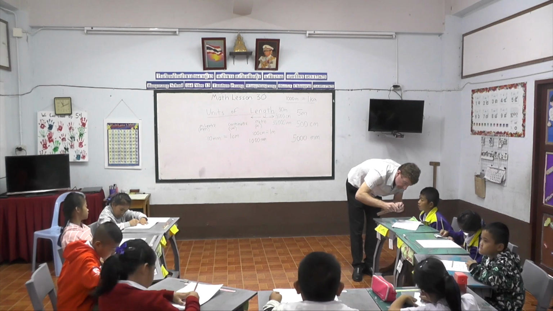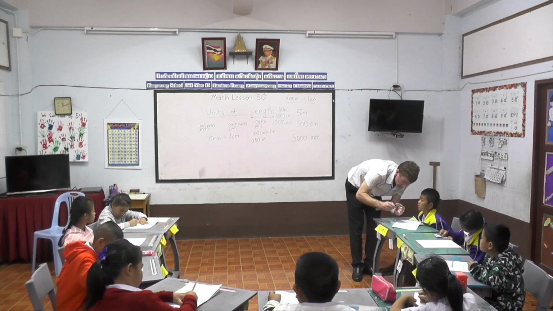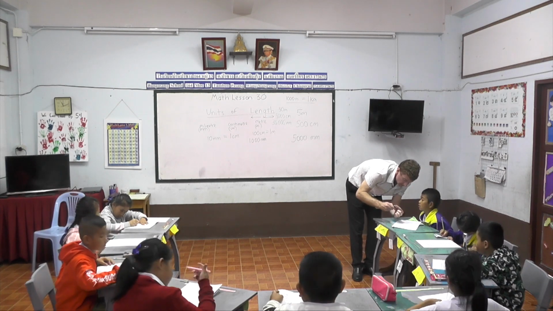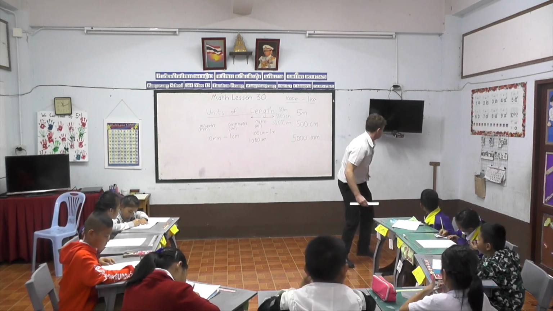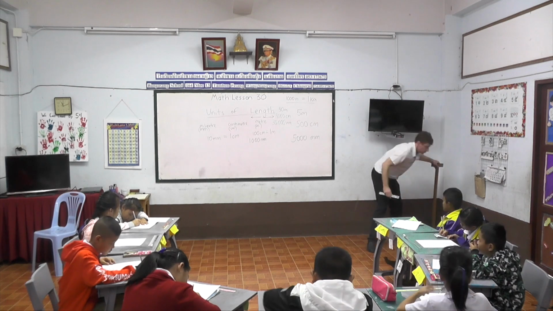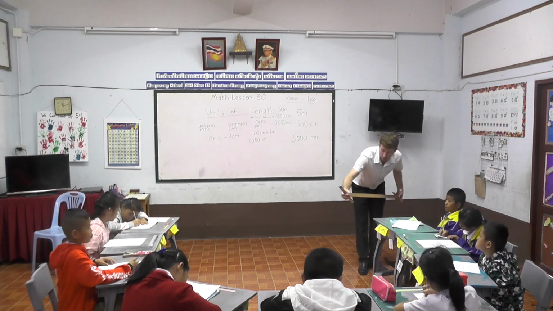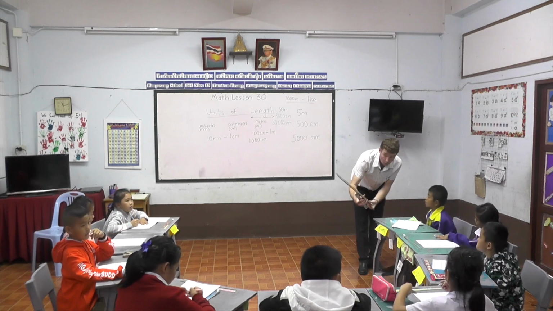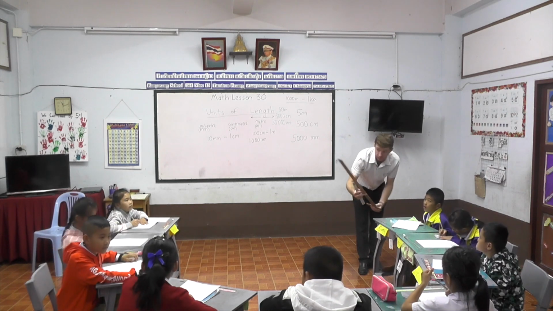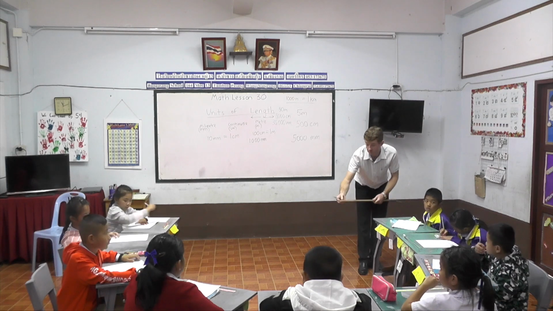You see, millimeter is 1, very small. Then 10 millimeters, 1 centimeter. And then 100 centimeters, 1 meter.